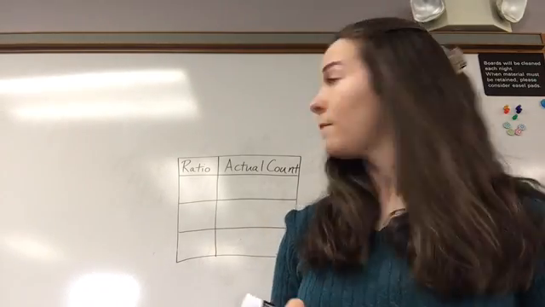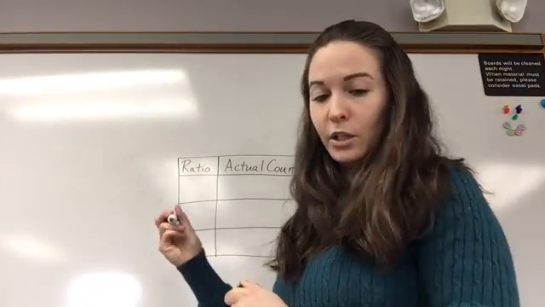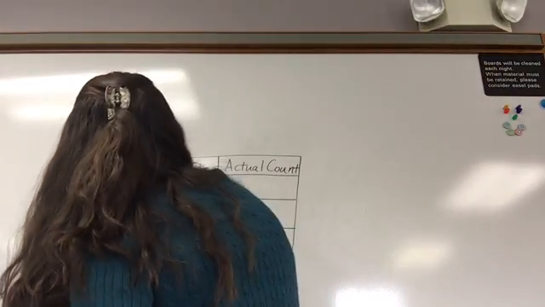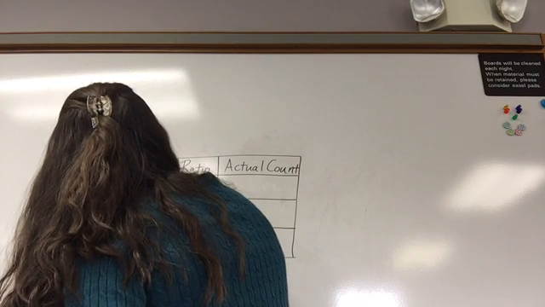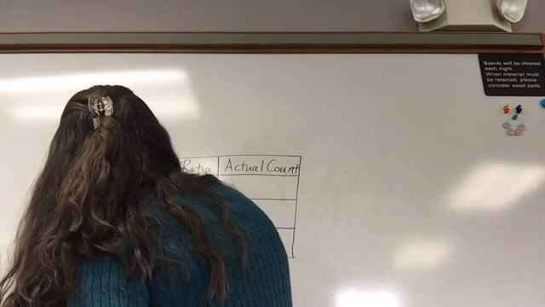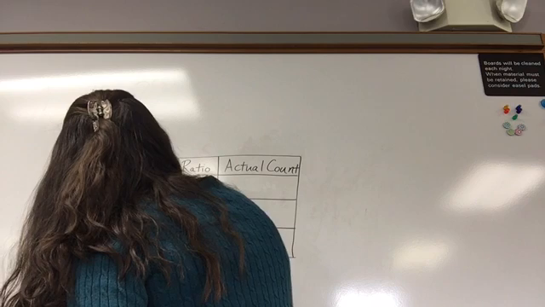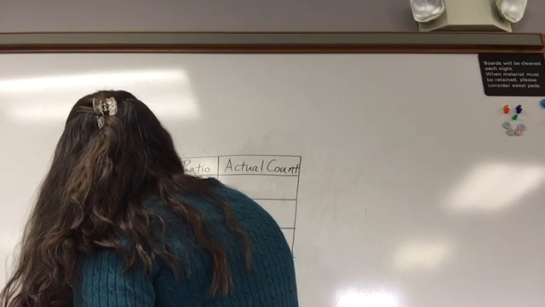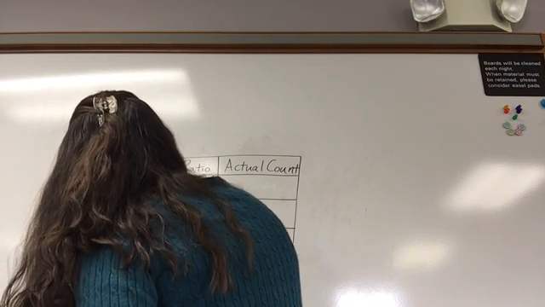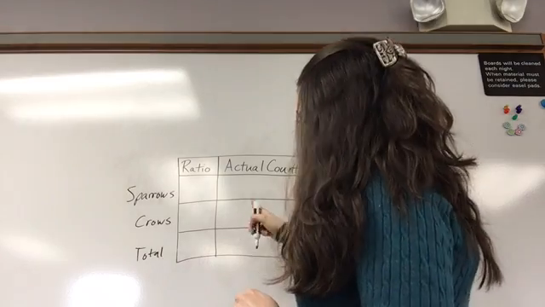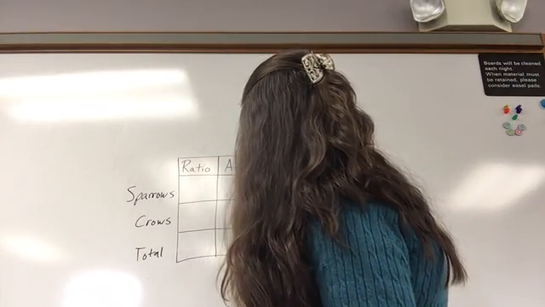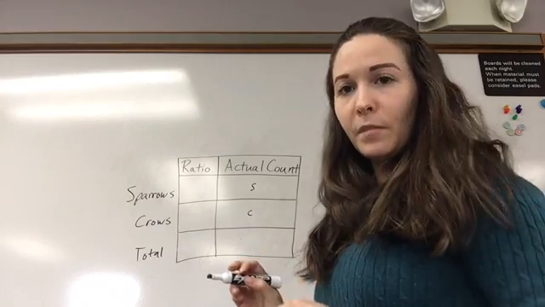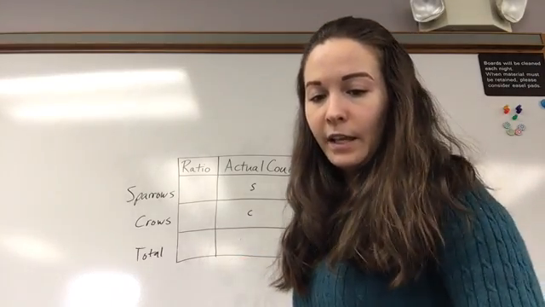So let's fill in our information here. We have sparrows, and we have crows, and then the bottom is for our total. So then for the actual count, we can use S for sparrows and C for crows, and then we can fill in our numbers.